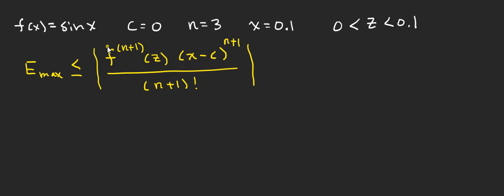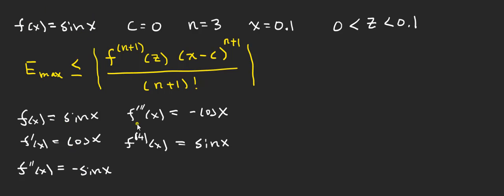However, finding the n plus 1 derivative of f at z is not so simple. In order to find this part right here, we need the, what was n? n is 3, so the fourth derivative of f of x. So taking the derivative, we found that the fourth derivative of sine of x is sine of x.